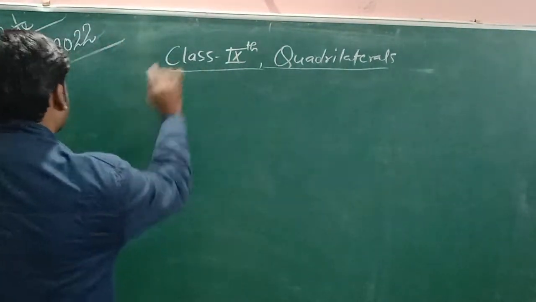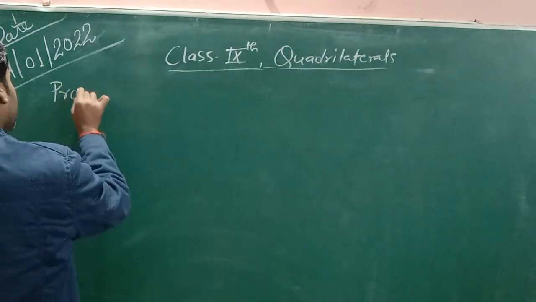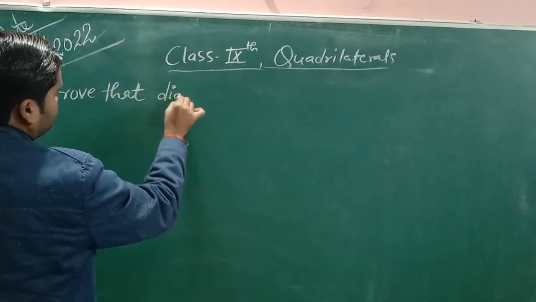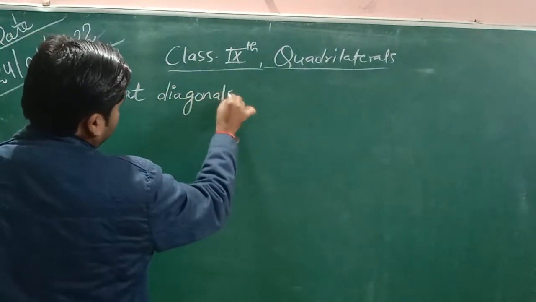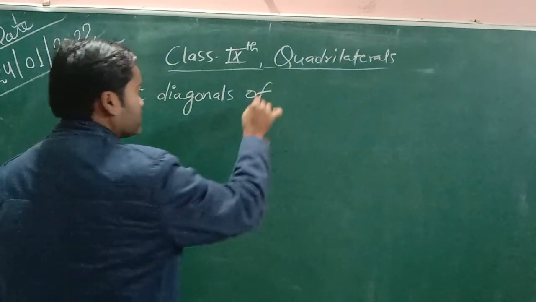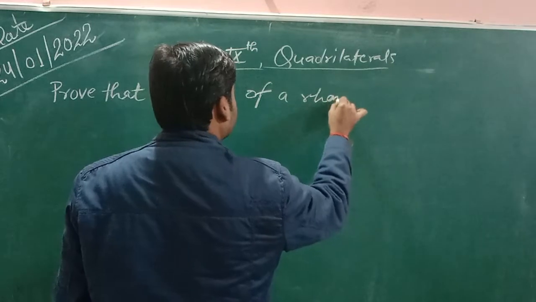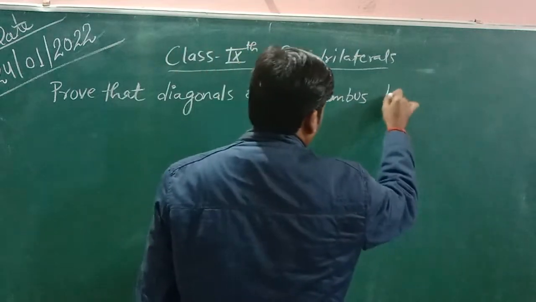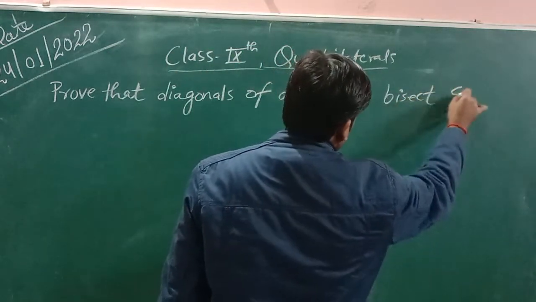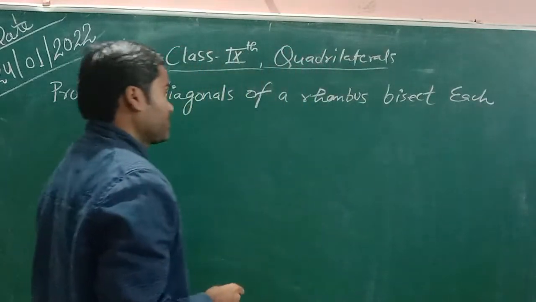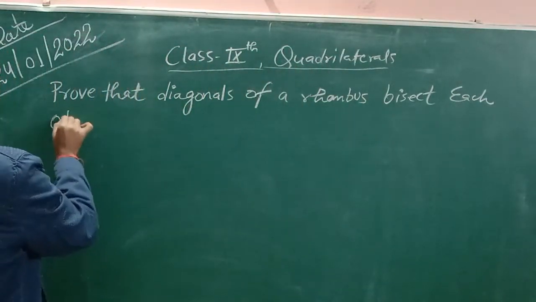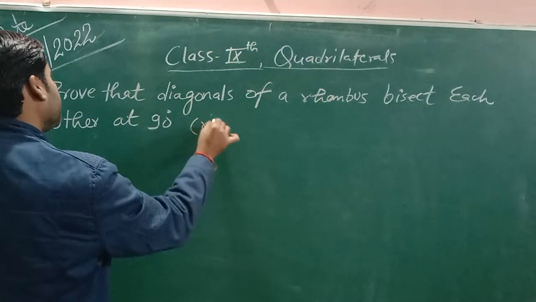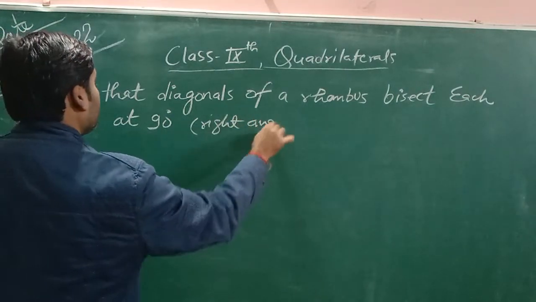Prove that diagonals of a rhombus bisect each other at 90 degree, in bracket right angle.